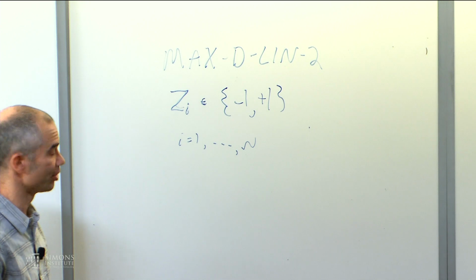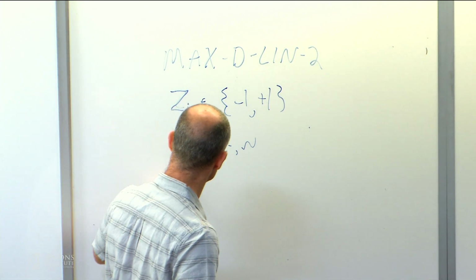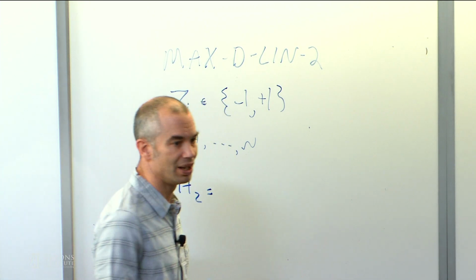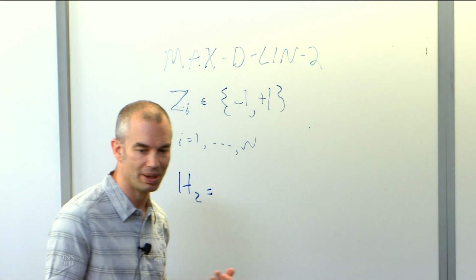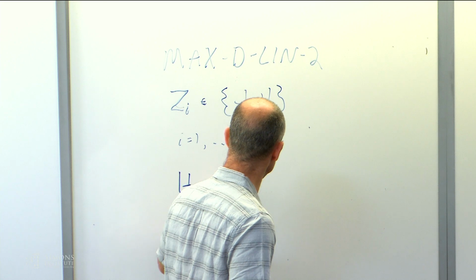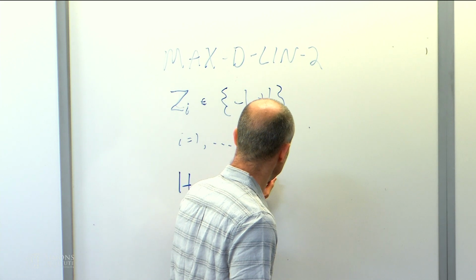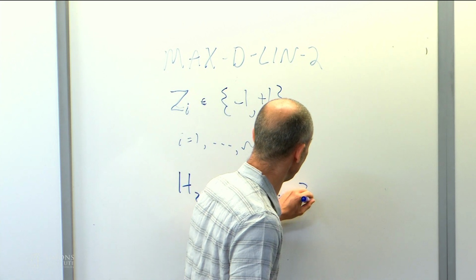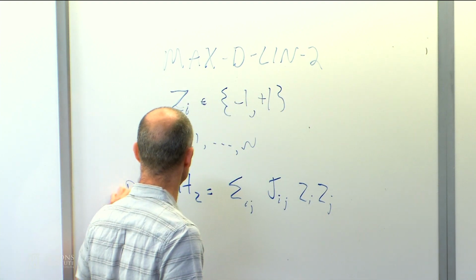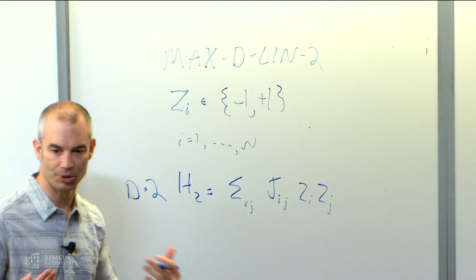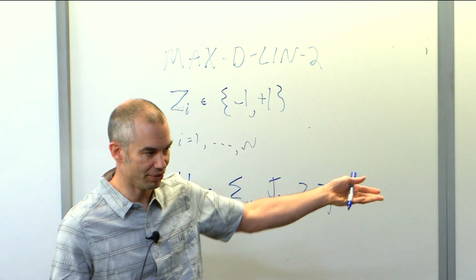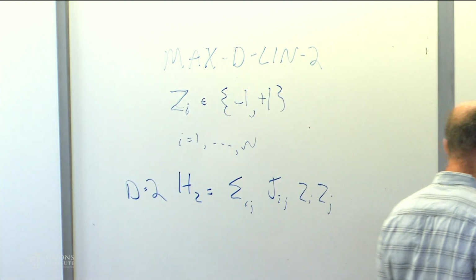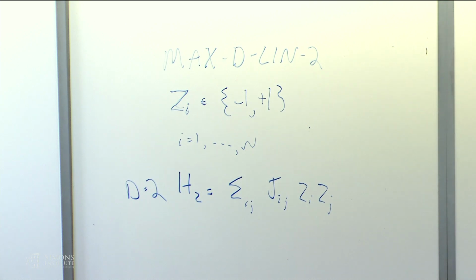You have some objective function that I'm going to write h sub z, which is a sum of monomials of degree d. In the case d equals 2, for example, it would be a sum over ij of J_ij z_i z_j, where J_ij is a matrix. In the case d equals 3, you would have terms z_i z_j z_k, z_i z_j z_k z_l for d equals 4, and so on. The J would be some weight, so this may be a weighted problem.